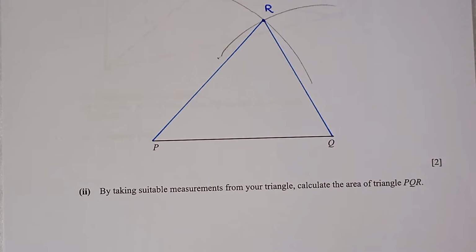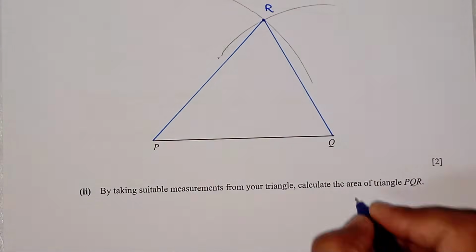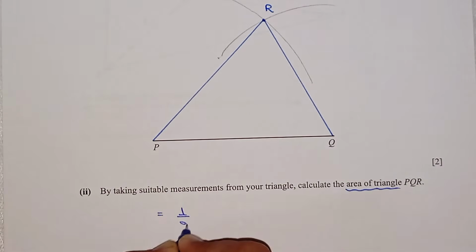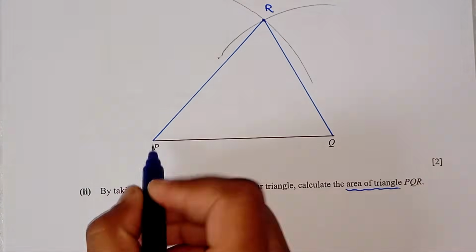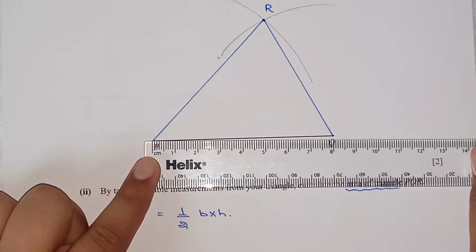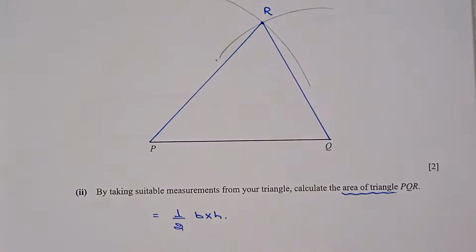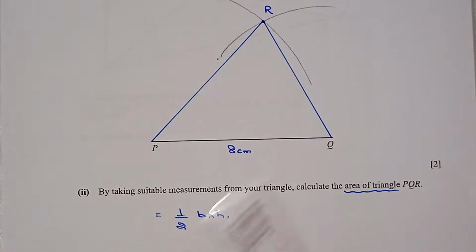Now for the second part, by taking suitable measurements from your triangle, calculate the area of triangle PQR. As we know, the area of a triangle is equal to half base times height. The base is PQ. What is PQ in centimeters? This is exactly 8 centimeters. And what is the height?